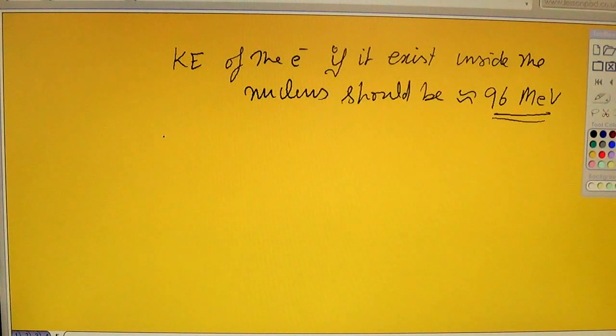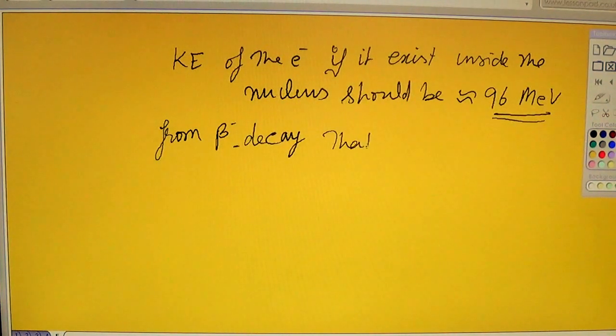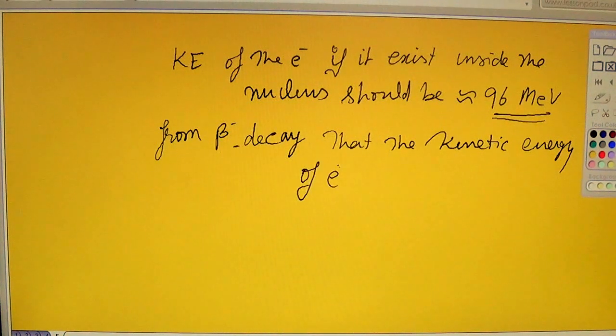But from beta decay we observe that the kinetic energy of the electron is approximately 4 mega electron volt.